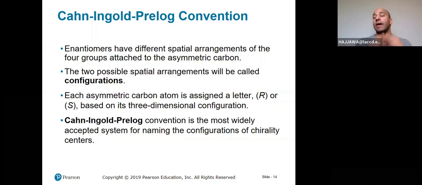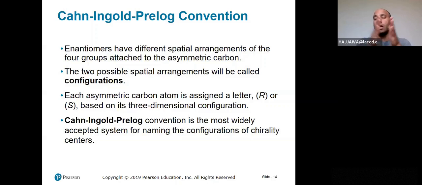I could have a compound A that's an R configuration, and I see in the polarimeter that it rotates the light to the right, meaning dextrorotatory. I could have another compound that's an S configuration, and I put it in the polarimeter and I see it rotating the light to the right as well.